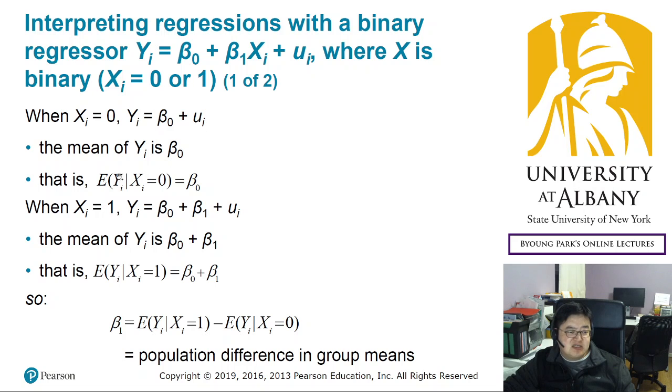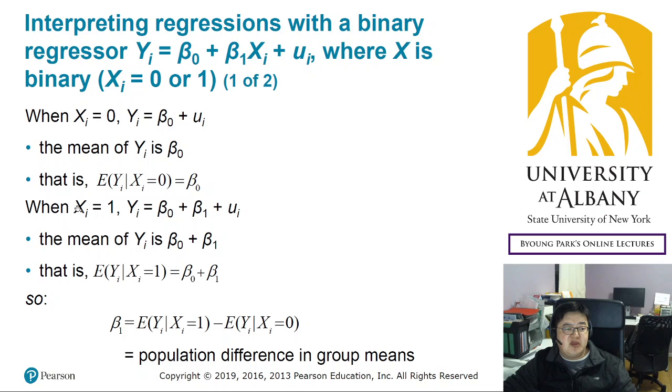The expected value of the error is 0, so the expectation of y is simply beta 0. Now the intercept beta 0 has its interpretation: beta 0 is the expected outcome when x equals 0. The conditional expectation of y given x equals 0 is beta 0.